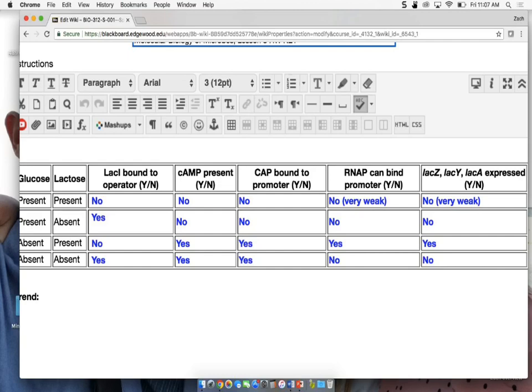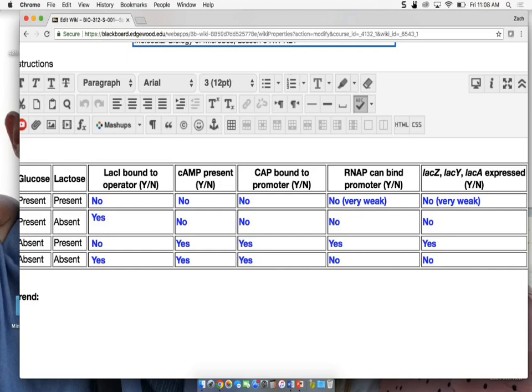In the absence of glucose, but presence of lactose, lac I doesn't bind, cyclic AMP is present, CAP is present, RNA polymerase binds, we get transcription. And then last, in the absence of both, no transcription is occurring, but lac I is present at the operator, so is cyclic AMP and CAP. So those are the basic conditions.